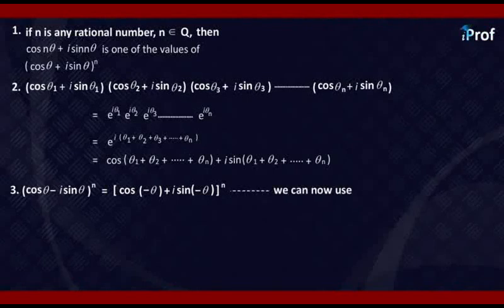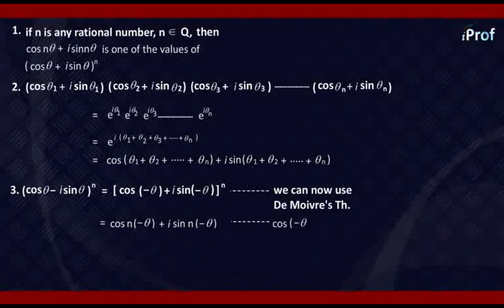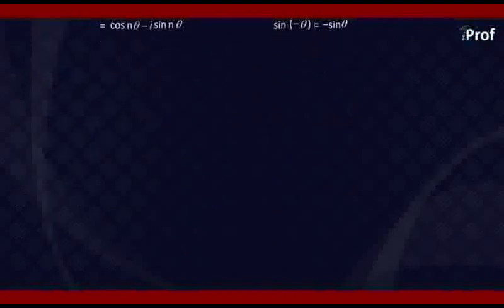Now we can use De Moivre's theorem. Therefore it becomes cos of n times minus theta + i sine of n times minus theta, which becomes cos n theta, because cos of minus theta is equal to cos theta, and minus i sine n theta, because sine of minus theta is equal to minus sine theta.